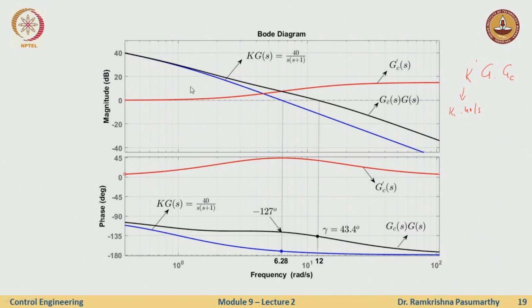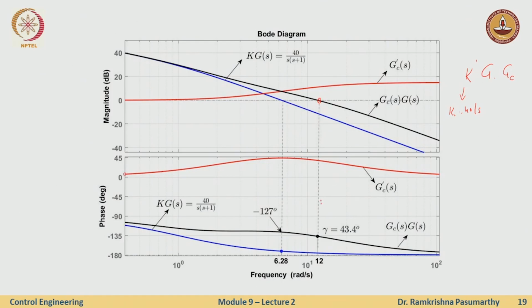I just draw these things and find out what the phase margin is. I should look at the phase margin not of G, but now of Gc times G(s). This is where I will measure the phase margin. This is the gain crossover frequency of the compensated system.